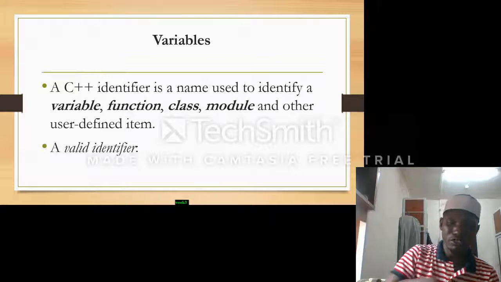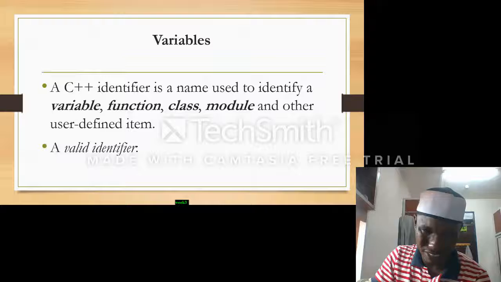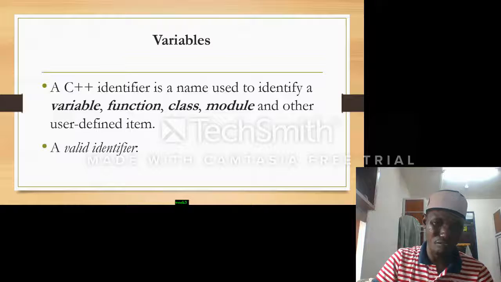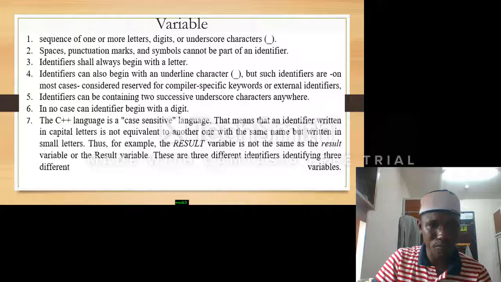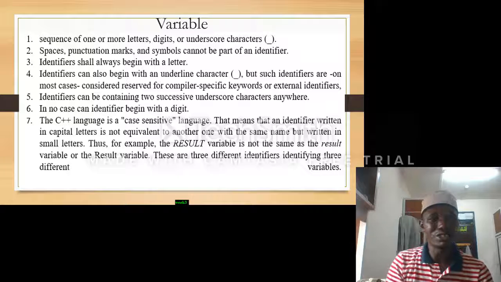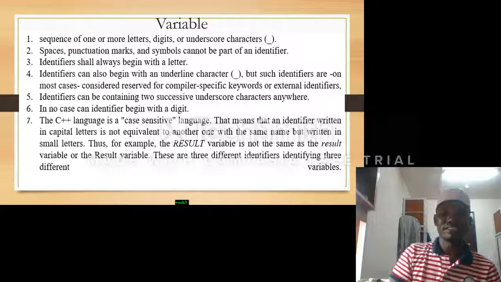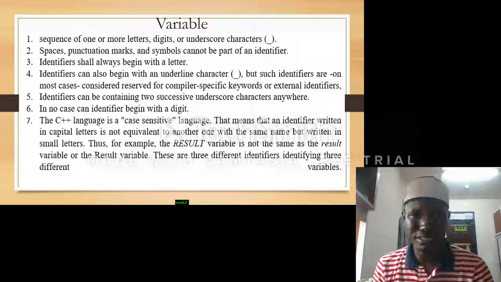Okay. Now, let's look at what the valid rules are. What are the rules governing how we declare a valid identifier? We have a number of rules that you need to follow as long as you want to declare a valid identifier or a variable. One of the rules is that it is a sequence of one or more letters, digits, or underscore characters.